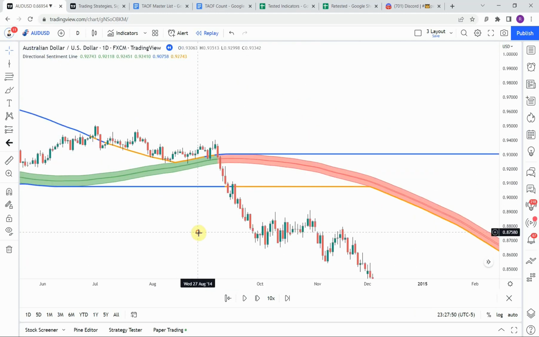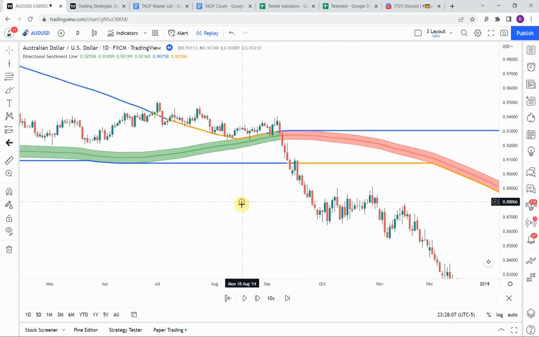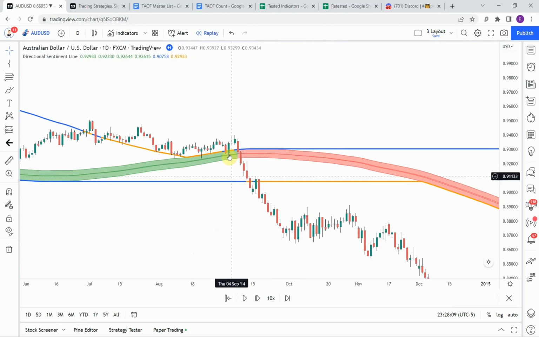When the line is red, we should be looking for a breakout to the downside of that line with price action, and that will be a signal to go short. And so that's how we are going to test it today, and see what we can get out of it.